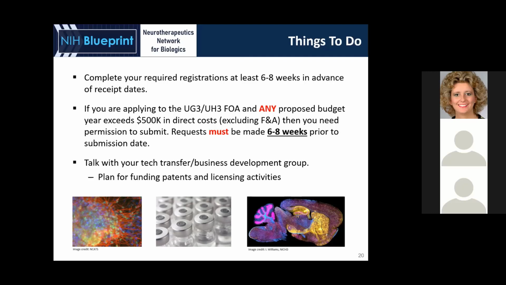These requests must be made 6 to 8 weeks prior to the submission date so that review and administrative approval can be made for an exception. During this time, it's also worthwhile to talk with your tech transfer and business development group at your institution and plan for funding patents and licensing activities, building those timelines into your grant as well as budgets needed to accomplish those goals.